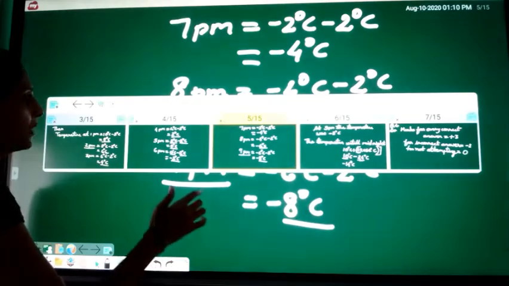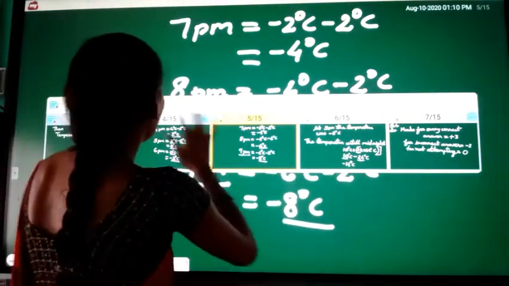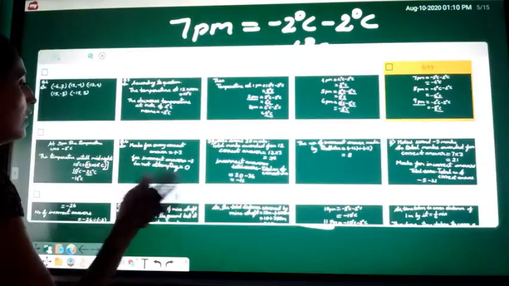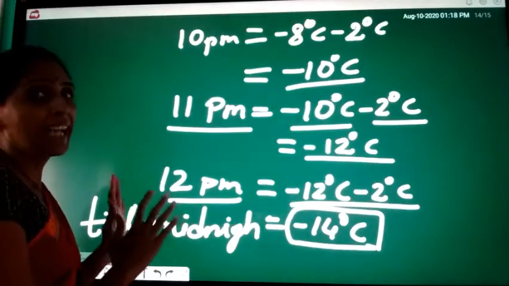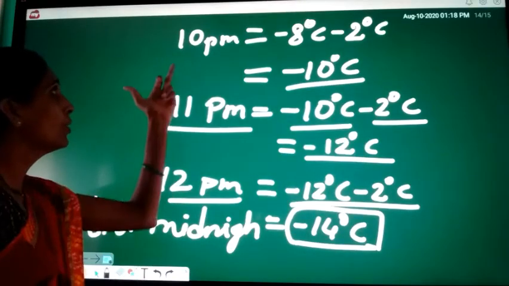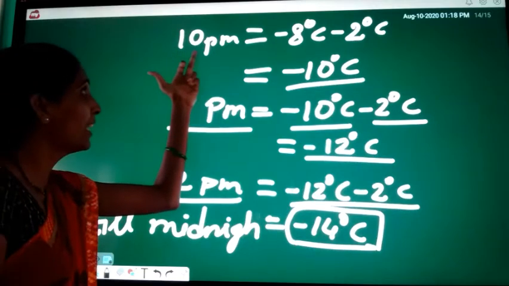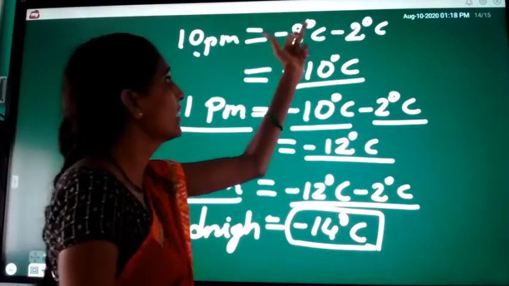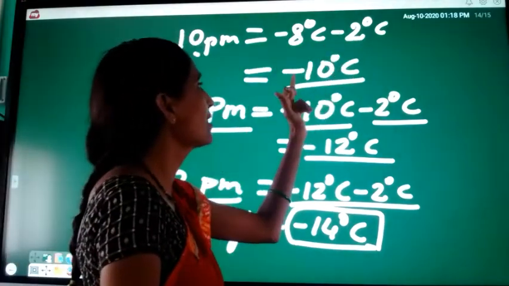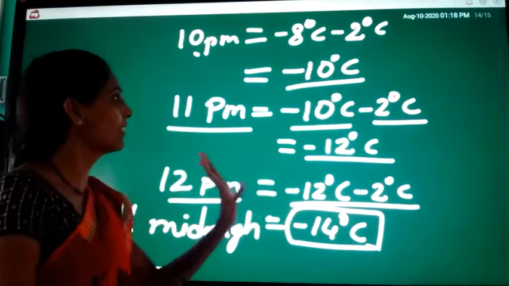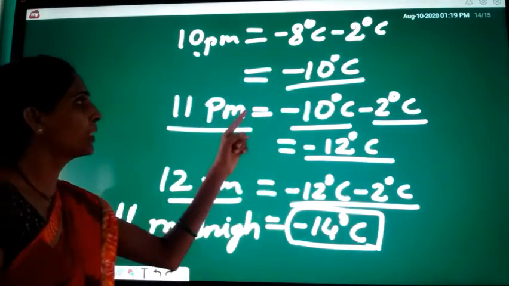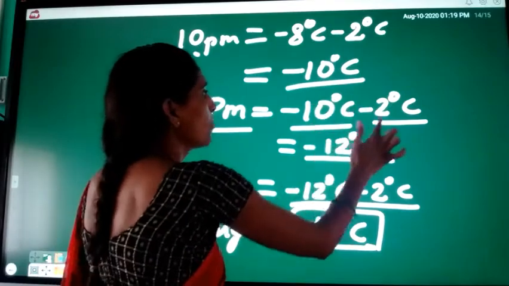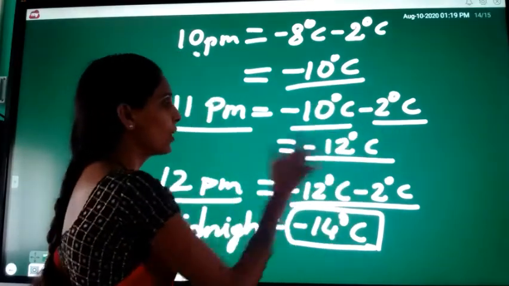Now after that we have to find the temperature till 12 midnight. So at 10 p.m. the temperature was -8 degrees Celsius minus 2 degrees Celsius, which is -10 degrees Celsius. At 11 p.m. the temperature was -10 degrees Celsius minus 2 degrees Celsius, which means -12 degrees Celsius.